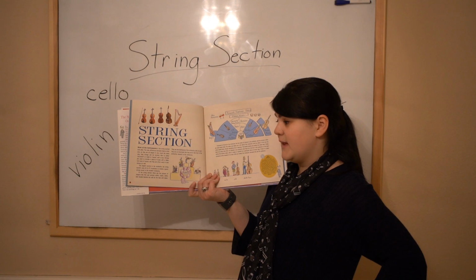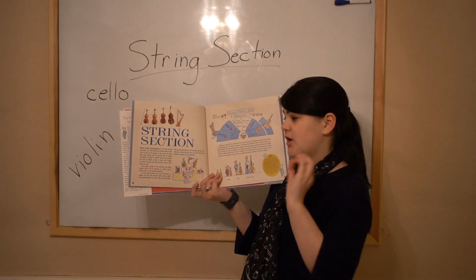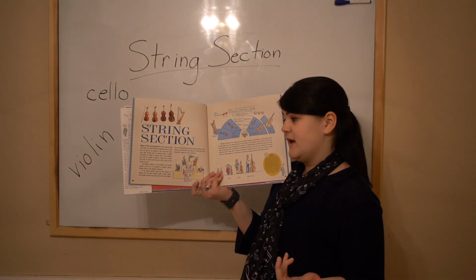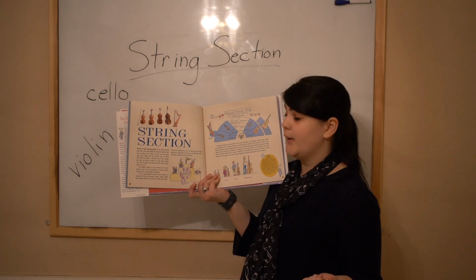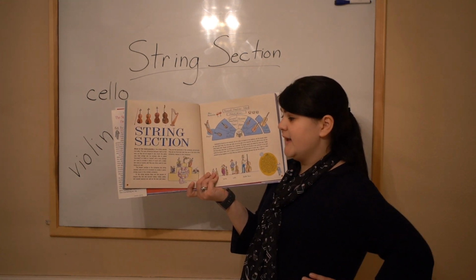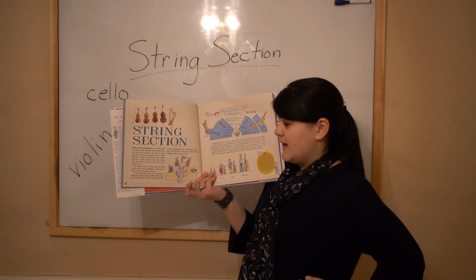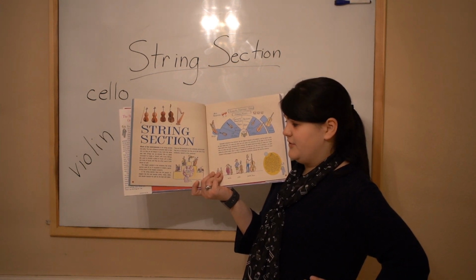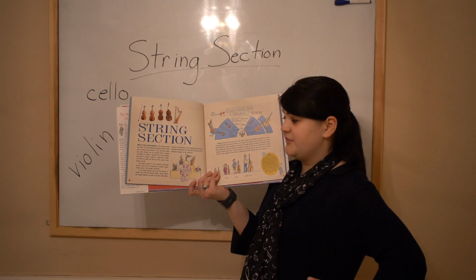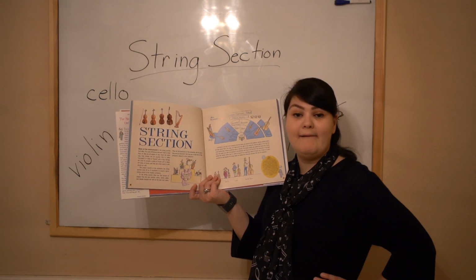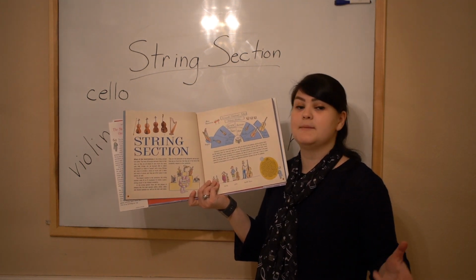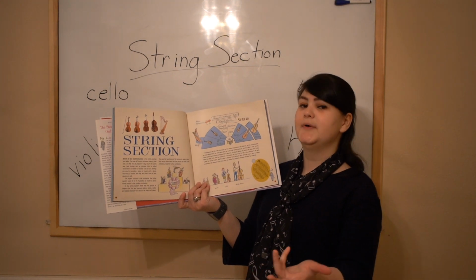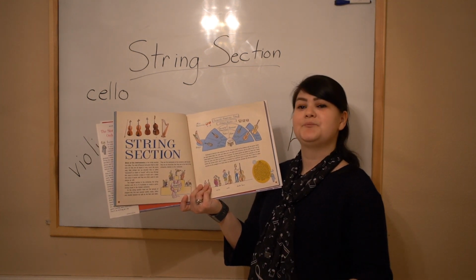Their strings can be plucked, or they can make a sound with a bow. Strings are used to provide a piece of music with a deep, rich sound, and they are often used as solo pieces as well. So the sounds they make can be really deep and rich.